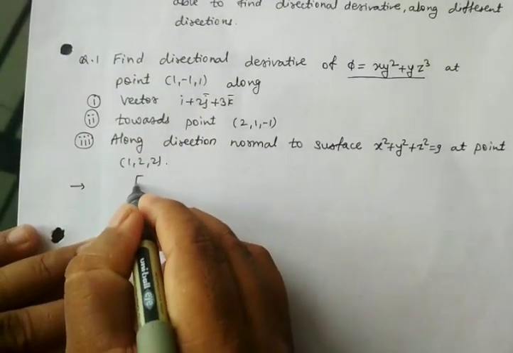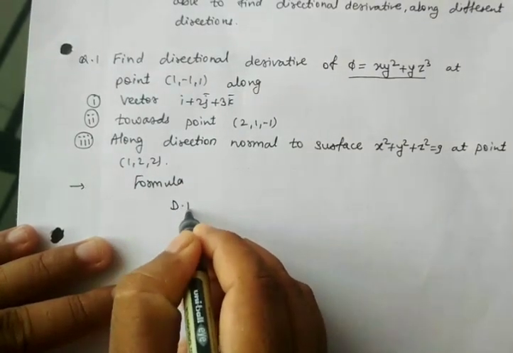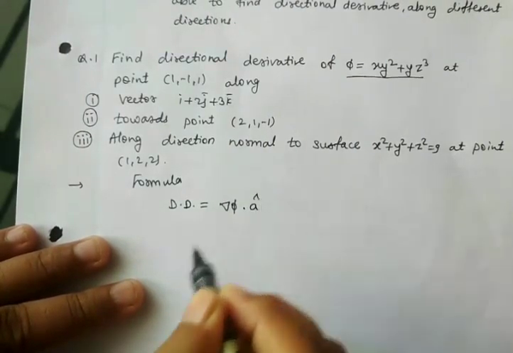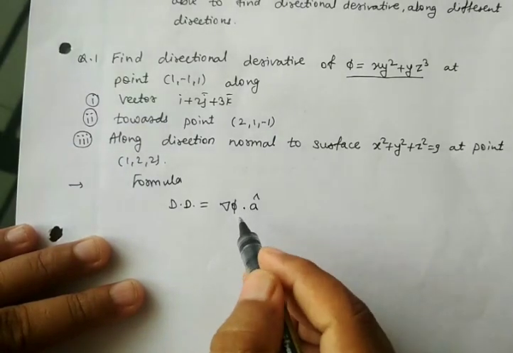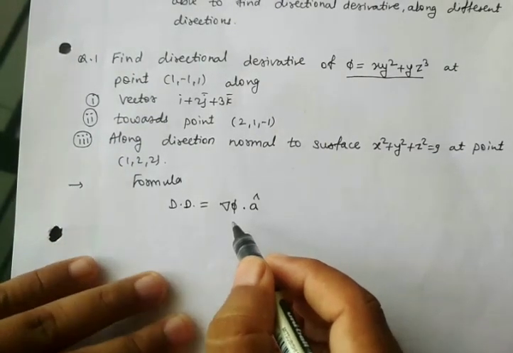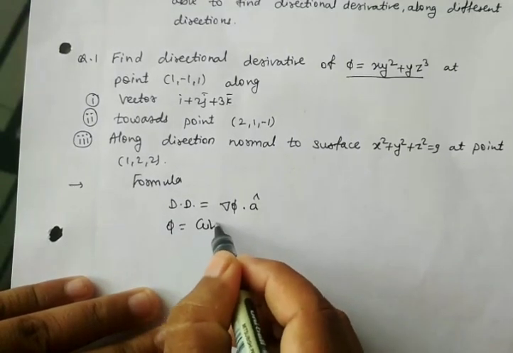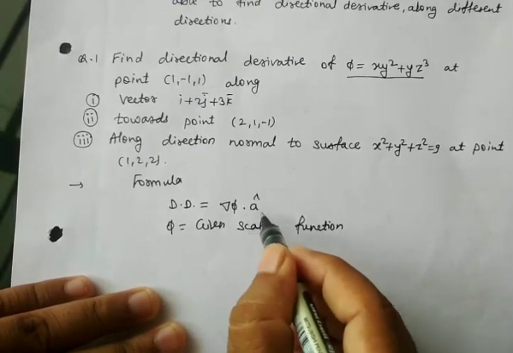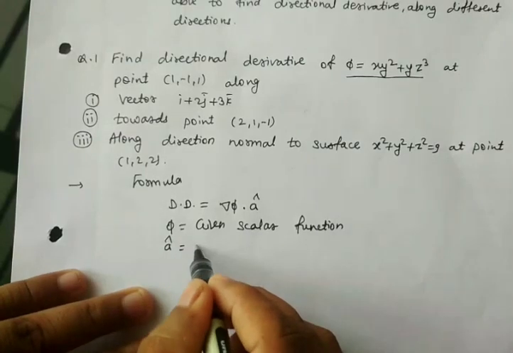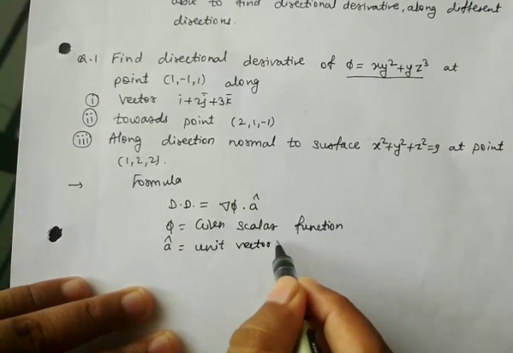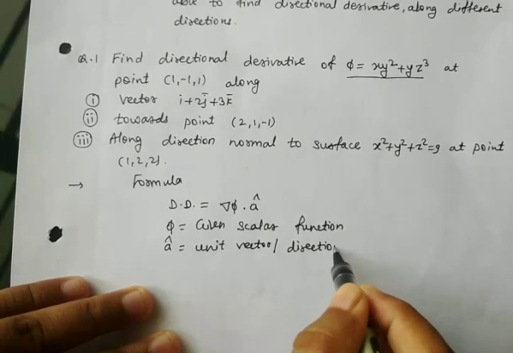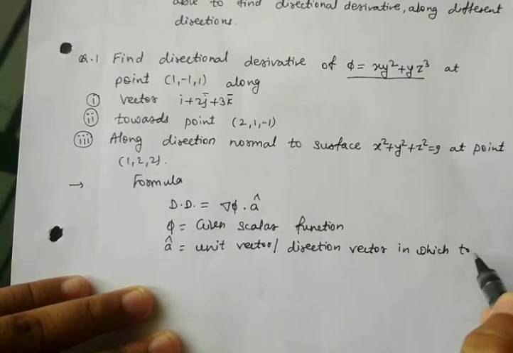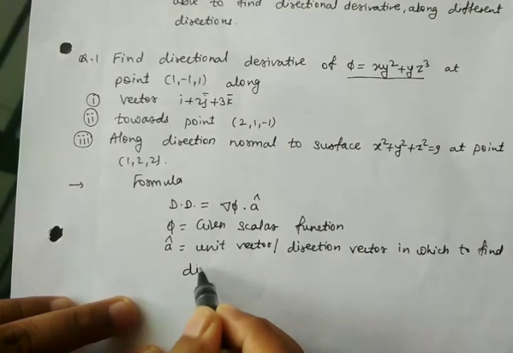We know that the formula for directional derivative is given by del phi dot a cap, where phi is the given scalar function, and a cap is the unit vector, or we can say direction vector, in which we have to find the directional derivative.